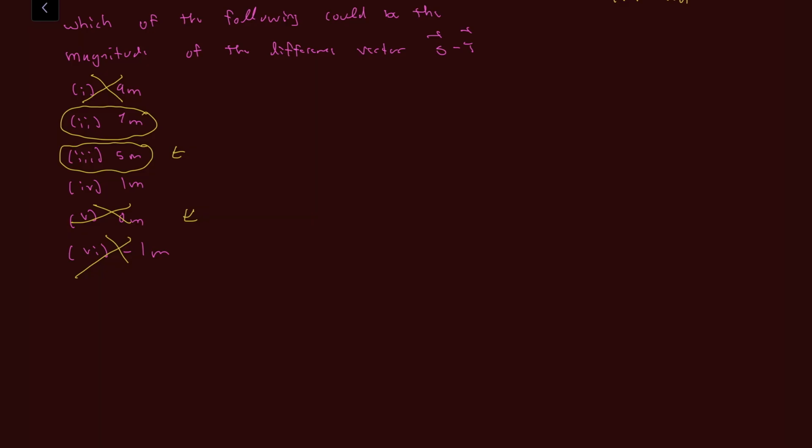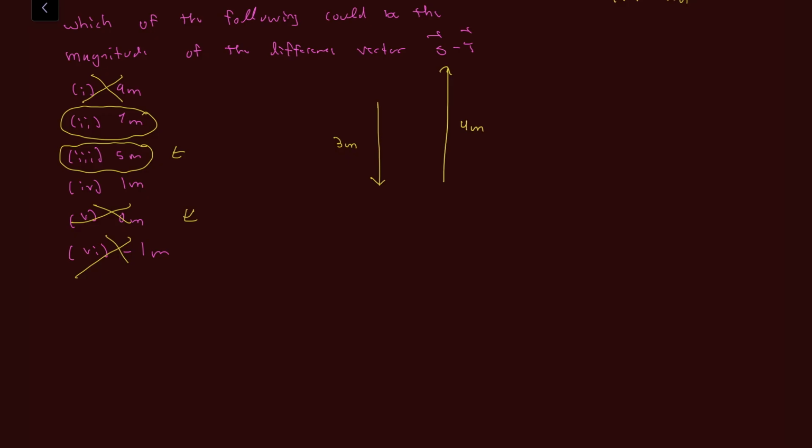Let's say that we have our vector of 3 meters here, and we have our vector of 4 meters going in the opposite direction.